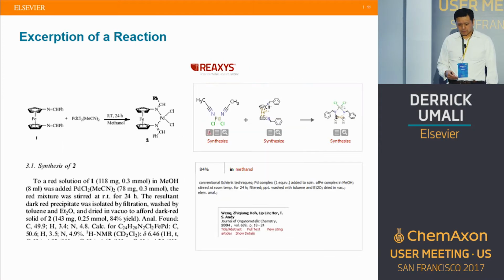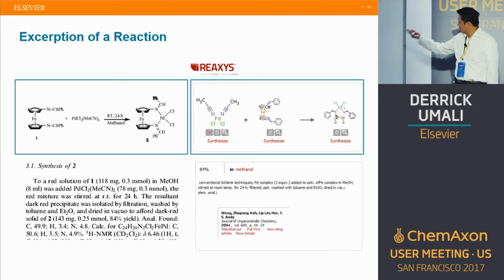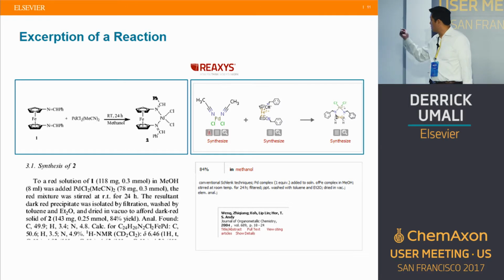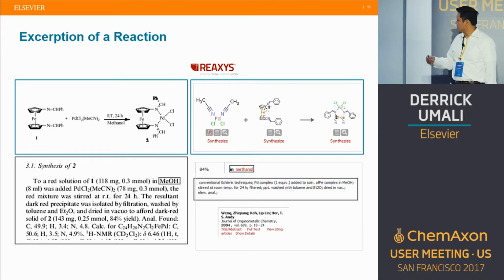The excerption of a reaction is the same method, right? We look at the reaction, translate it, use ChemAxon desktop tools to draw the reaction, pull out the reaction conditions, the yield, the solvents, and put that into the database.